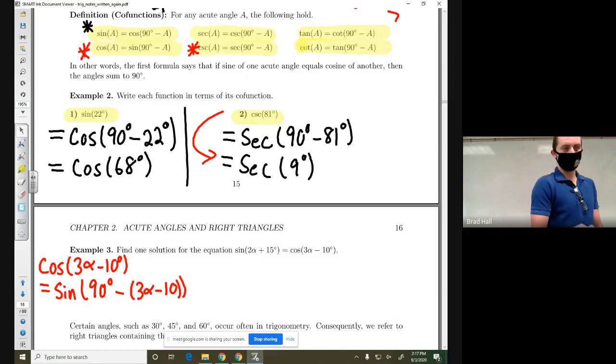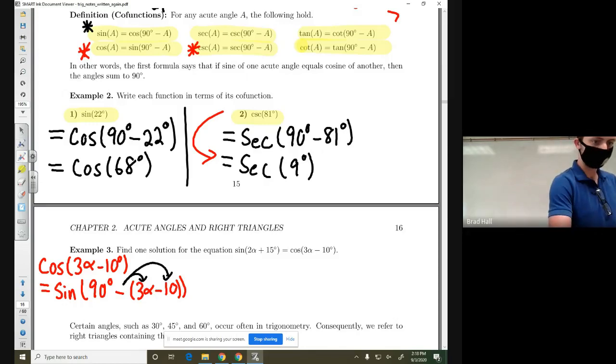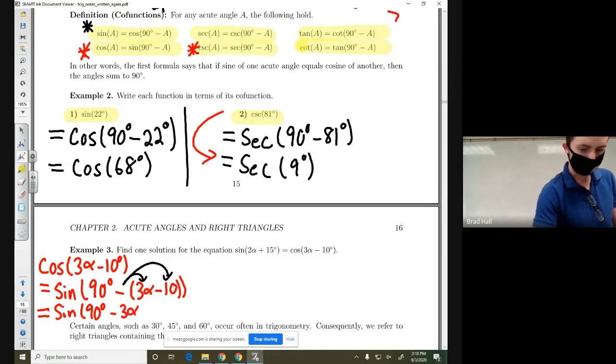So I'm subtracting that whole angle, not just one part of the angle, the whole angle. By simply distributing that negative sign, we get 90 degrees minus 3 alpha plus 10 degrees.